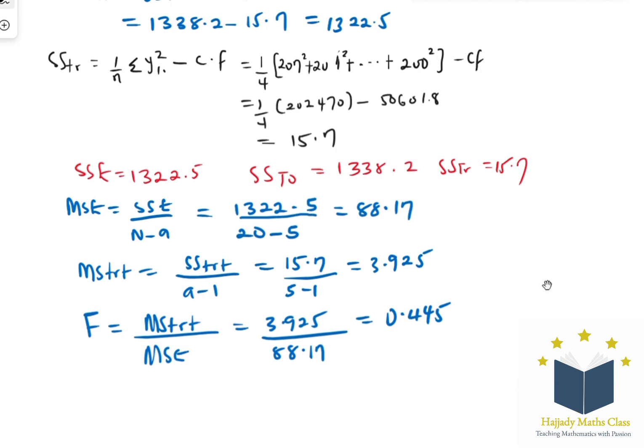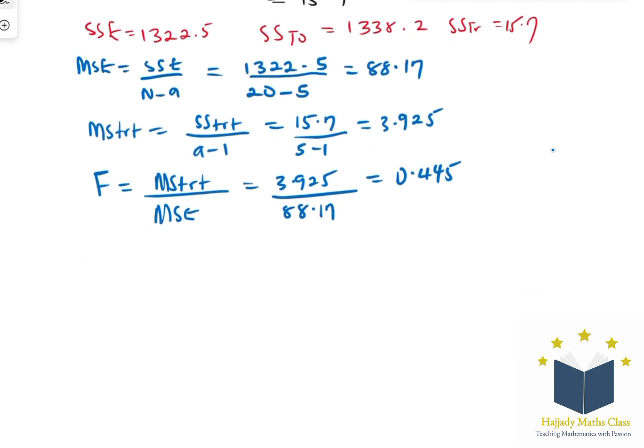Using your calculator, you can check your F table. If you want to check your F table, you're going to use F at 0.05, that is 0.95, comma the degree of freedom of treatment, which is 4, comma the degree of freedom of error, which is 15. So what you have, compare it.